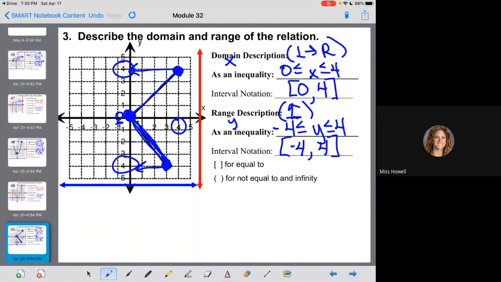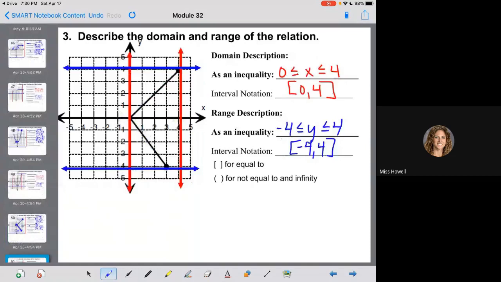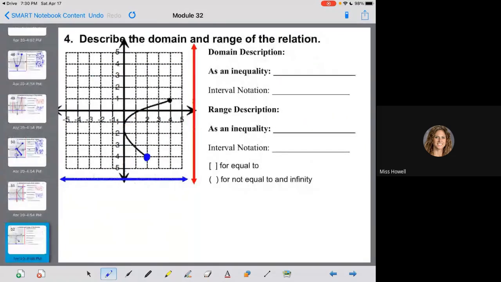All right, number 4. Here's our graph. It starts there, curls up here like so, and ends there. And it hits our y-axis over here. Left to right gives us our x domain values.